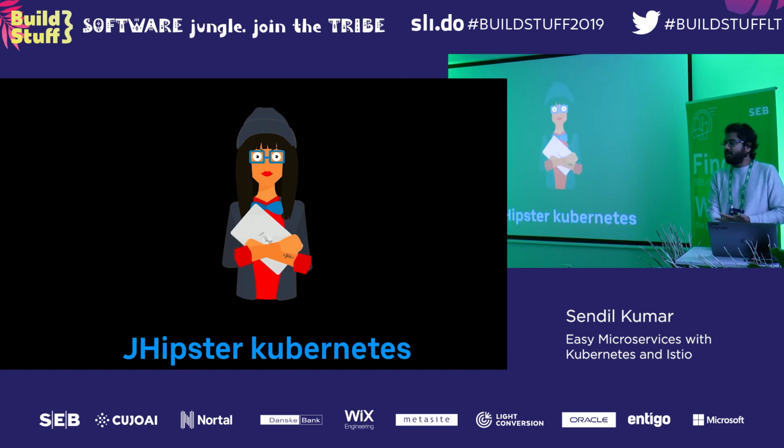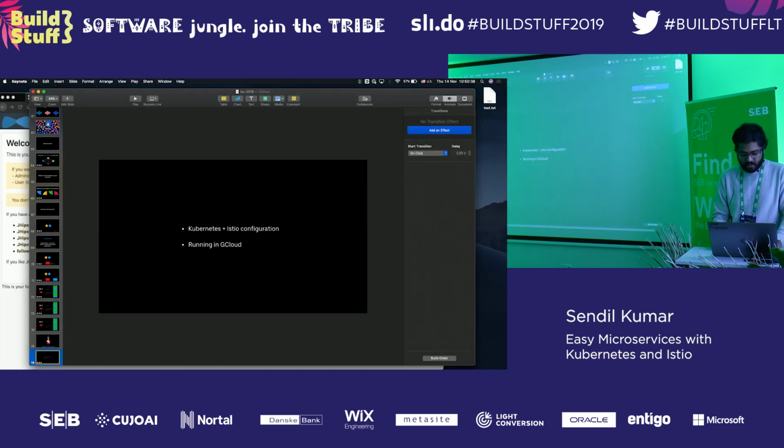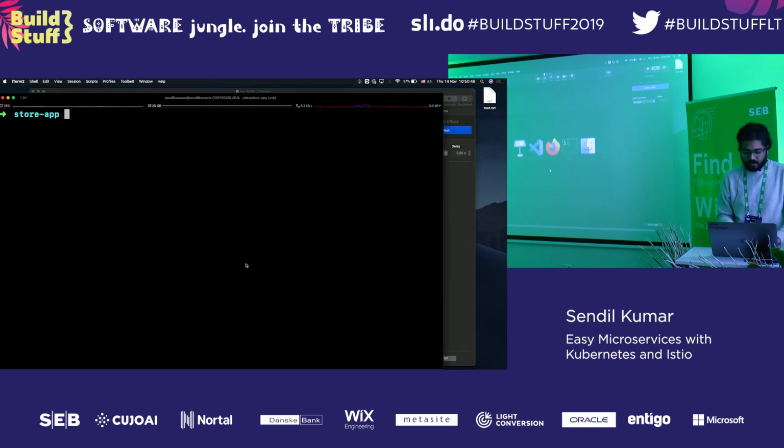So what does the JHipster Kubernetes generator do here? How does JHipster help you with Kubernetes and Istio? Let's go back. This is what we are going to do: generate a Kubernetes plus Istio configuration, and run this entire thing on GCloud. Okay, let me create a folder. Let me call it Kubernetes new, because I have another folder with Kubernetes.